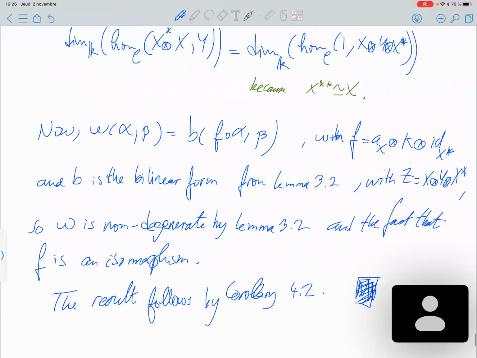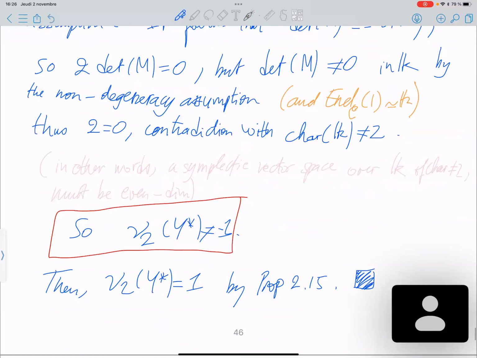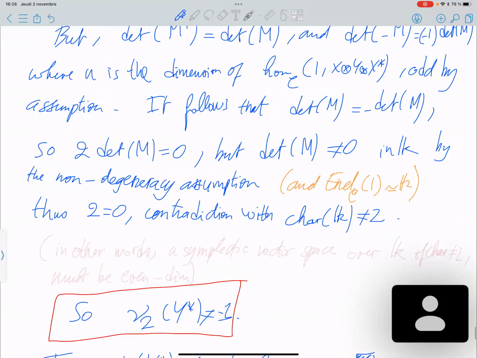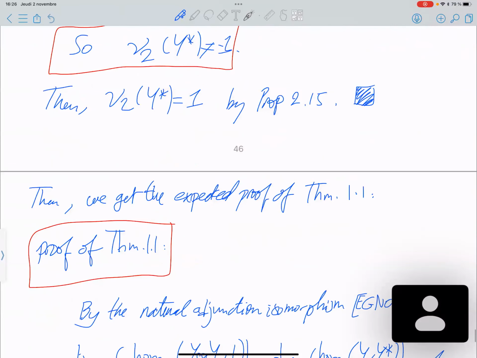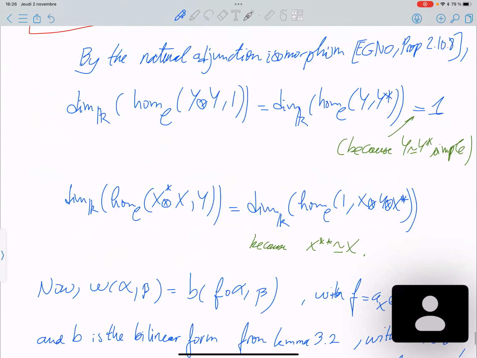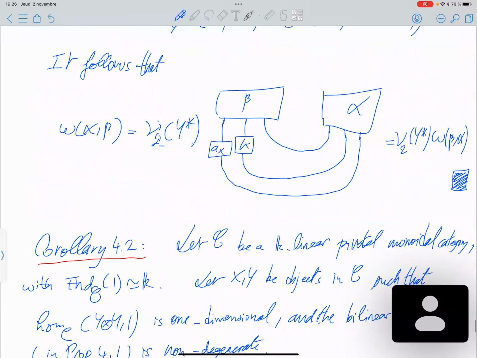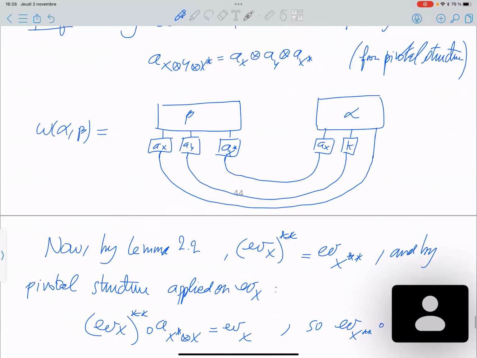So you see the proof was not so complicated as long as you have the good preparation part.